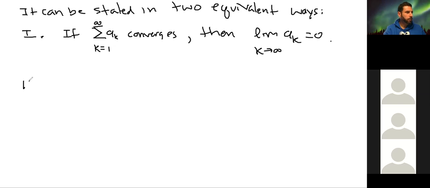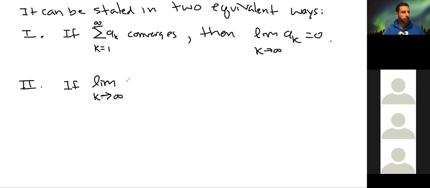And the second equivalent way to state it, which is a little easier to use, is if the limit as k goes to infinity of a sub k, if this guy is not zero, then the series diverges.